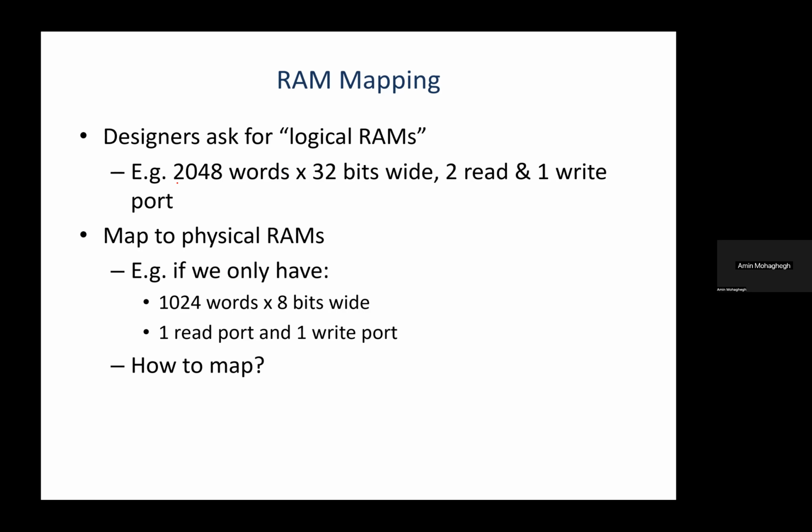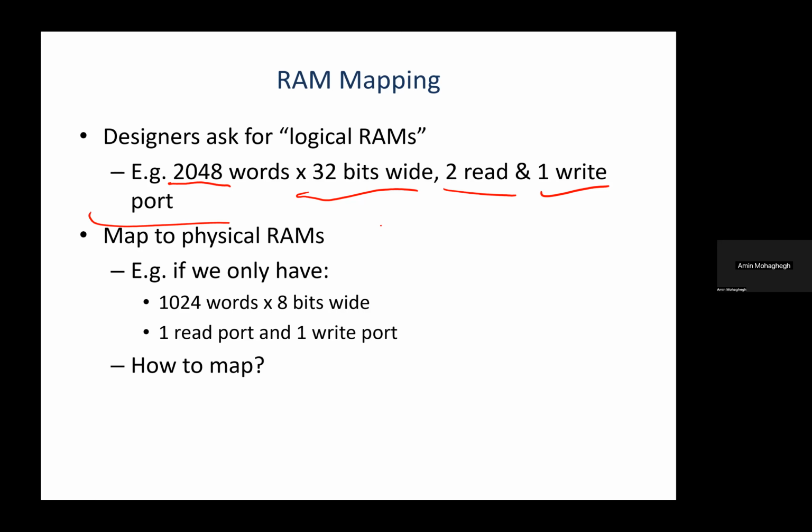Let's say, for example, that I write some Verilog and it has an array of 2048 words that are 32 bits wide, and I need 2 read ports. So in one cycle, I do 2 reads to different addresses and I write to a 3rd address. This is just an example of what I might need. So I put that in my design.